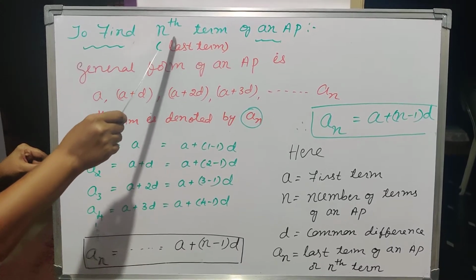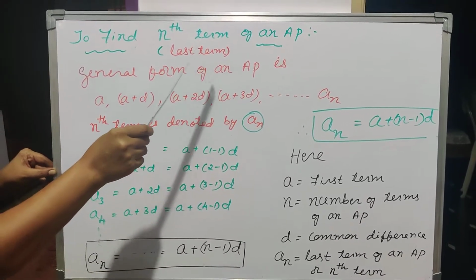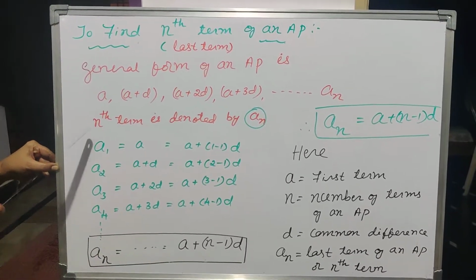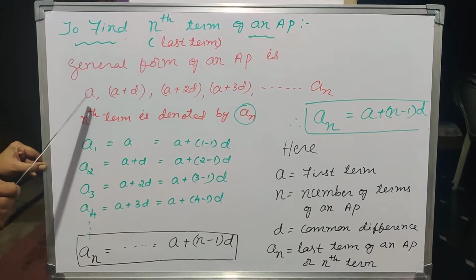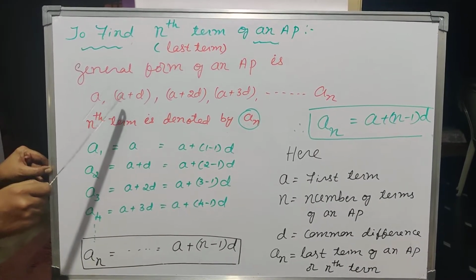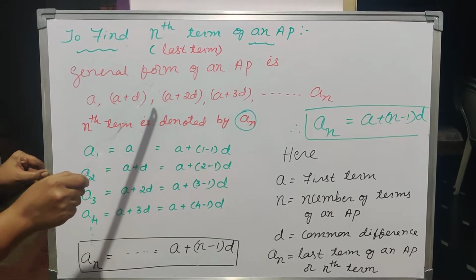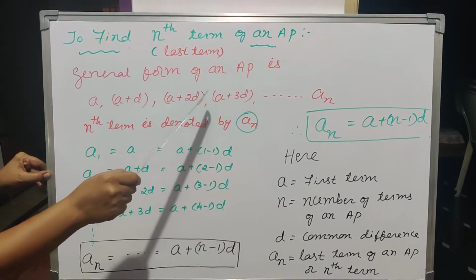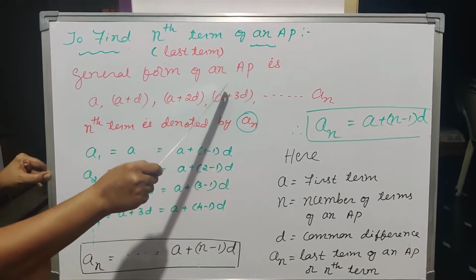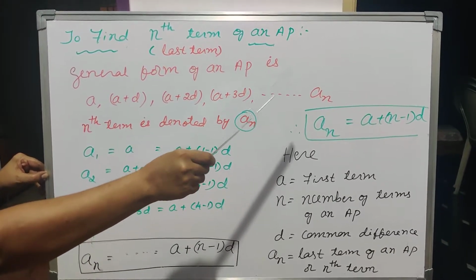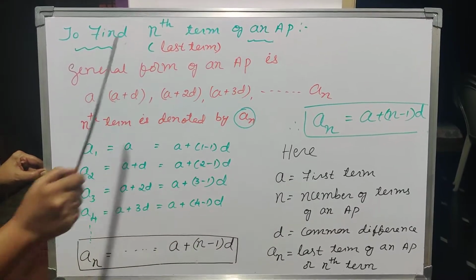Here the nth term is the last term of an AP. See here, A is the first term, A plus D is the second term, A plus 2D is the third term, A plus 3D is the fourth term, and AN is the last term or nth term.